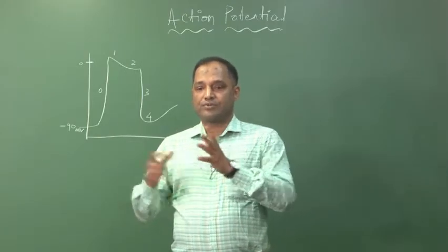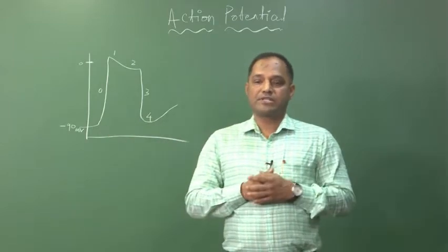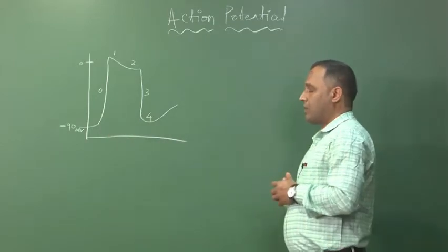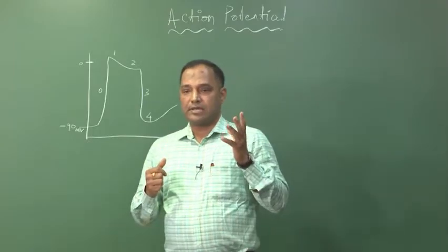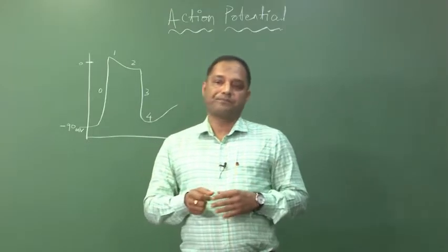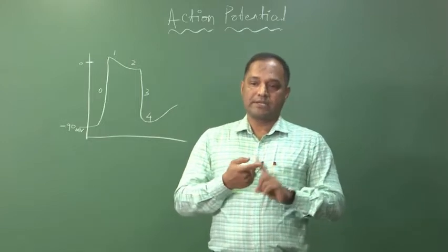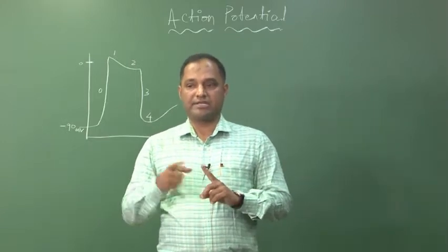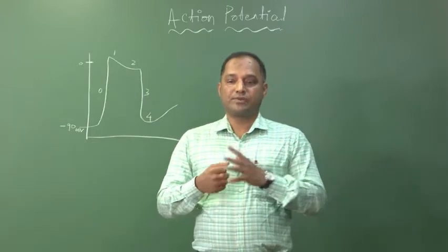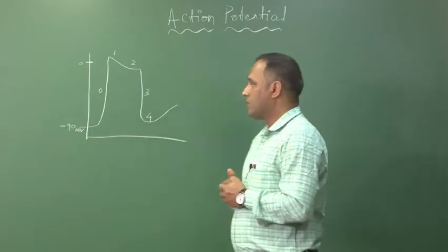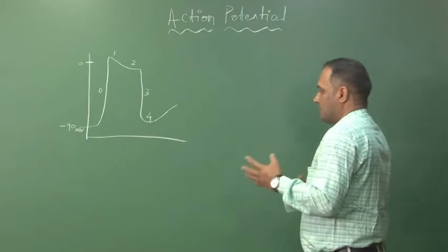Before going to these stages, the action potential usually occurs in the line of the actions targeting drug targeting the channels, drug targeting the molecules. So before those things, the action potential happens.